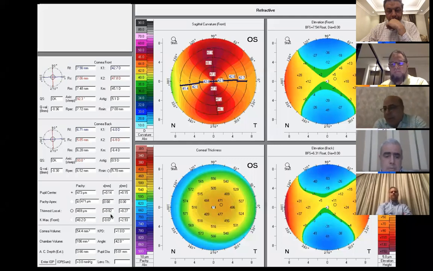So we can ablate for 6 millimeters. The total refraction in the right eye is 5.5. If you multiply by 13 for a 6 millimeter optical zone, it will be 65 microns, so still above 400.